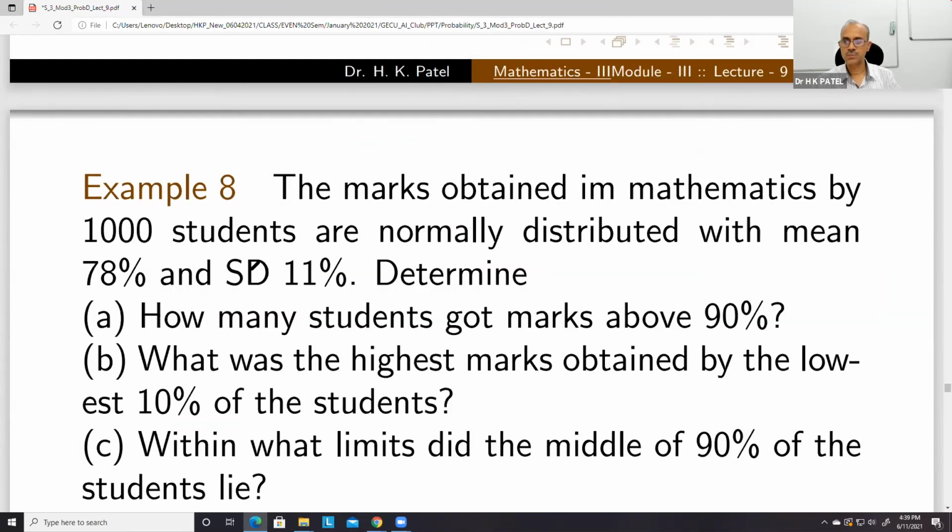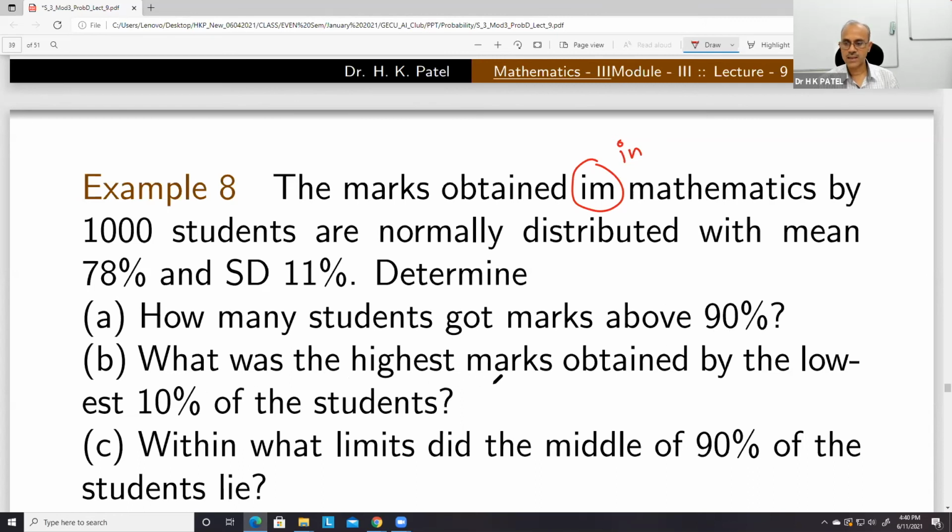In this example, the marks obtained in mathematics by 1000 students are normally distributed with mean 78% and standard deviation 11%. Determine how many students got marks above 90%.